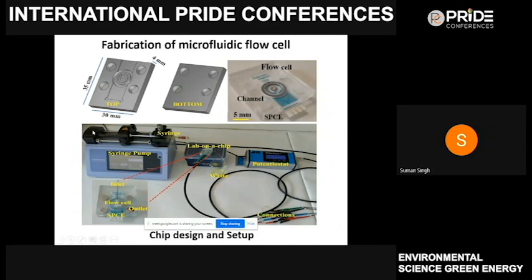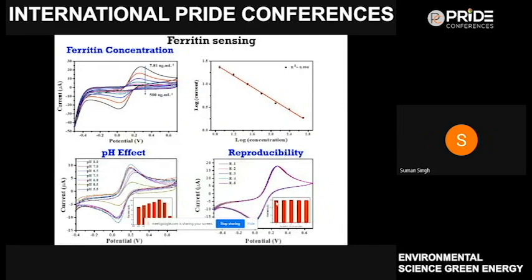Here we used a syringe pump for continuous flow of our bioreceptors and biochemicals on the chip. This is the chip which we have integrated, and this is the close view of this chip, and we recorded the electrochemical signal generated from the flow of chemicals over it. Here our system could give linearity between 7.8 nanogram to 500 nanogram only.